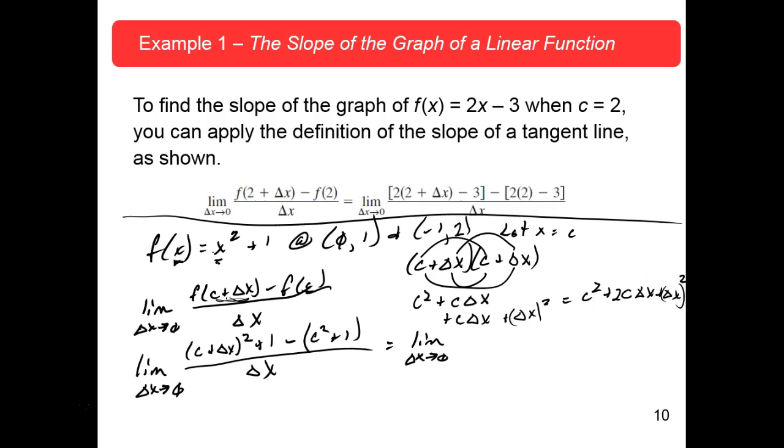And that works anytime you square a binomial. Square the first, that's the little formula, twice the product of the two, and then square the last. So that would be c squared plus 2c delta x plus delta x squared minus, now let's do this one. Distribute the minus sign, minus c squared minus 1. Buy that?